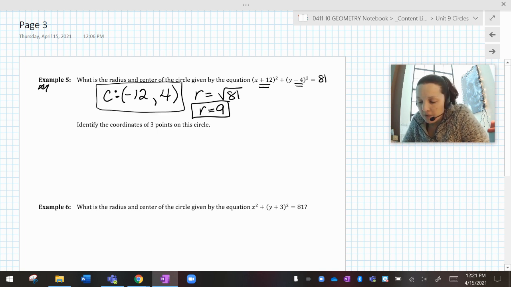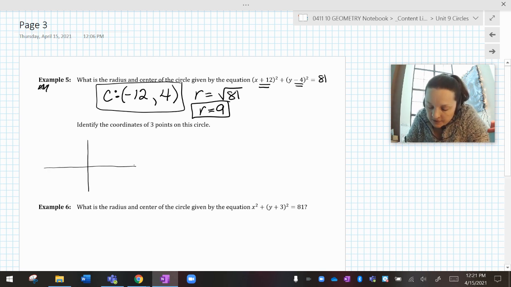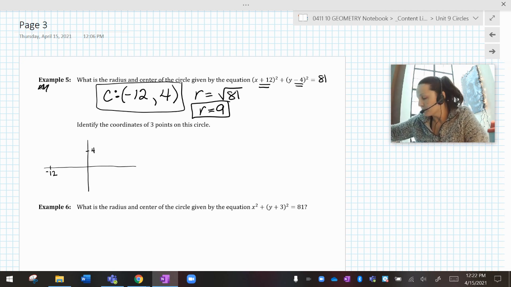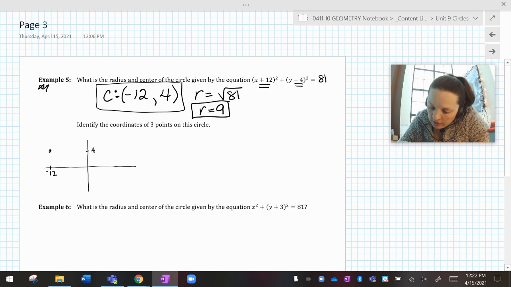And then it says identify 3 points on the circle. Okay. So if I want to find 3 points on the circle, I'm going to think about the graph. So if I were to graph this, I would have to go to negative 12, 4. And then I would need to plot my center, which would be here.